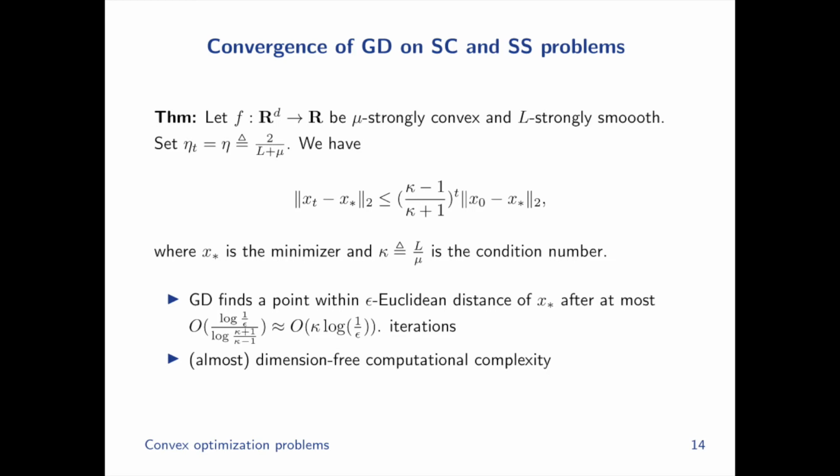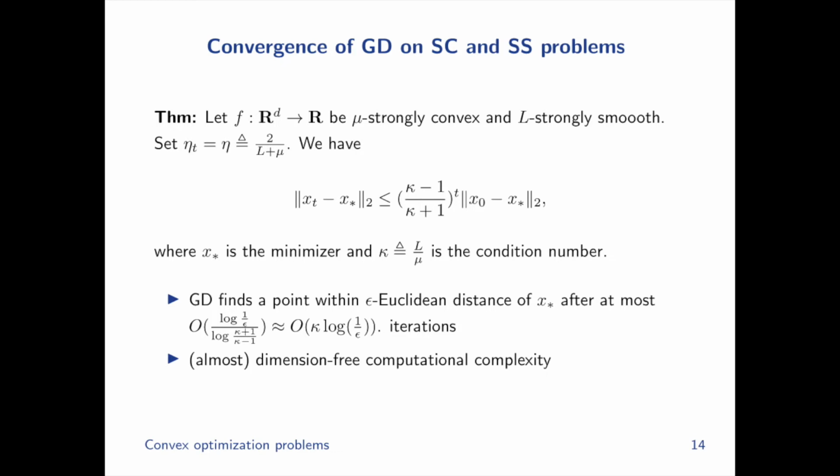First is the dependence on epsilon is extremely mild. You should think about epsilon as how many digits of accuracy you require. Before I was asking for 4 digits of accuracy, and now let's say I want 12 digits of accuracy.